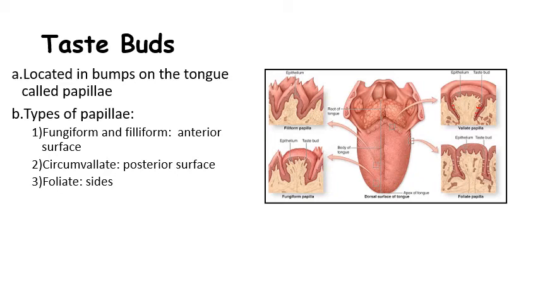When you're eating food, the chemicals come in, you're chewing it up, they get into the saliva, and that mixture of saliva with the chemicals in the food goes down the papillae and then can get into the taste pore to stimulate those taste buds.